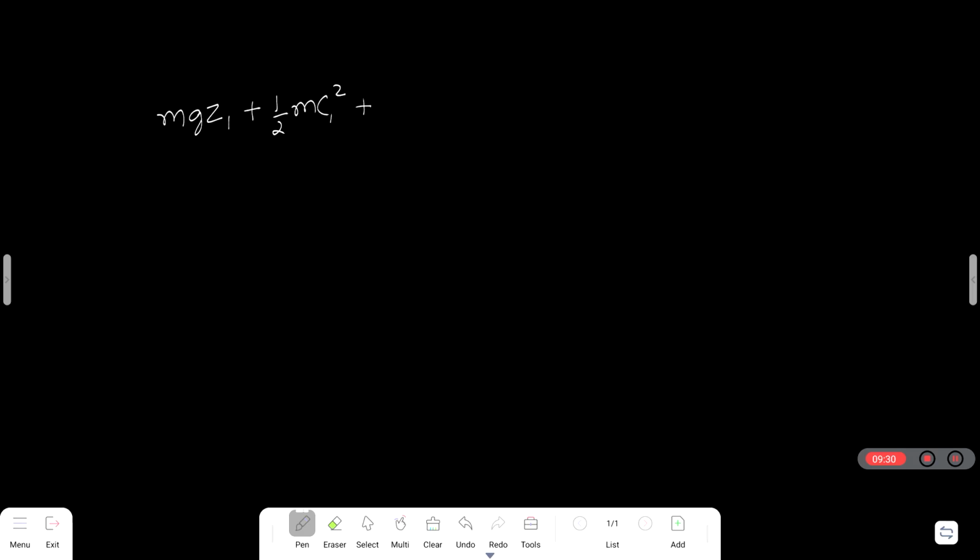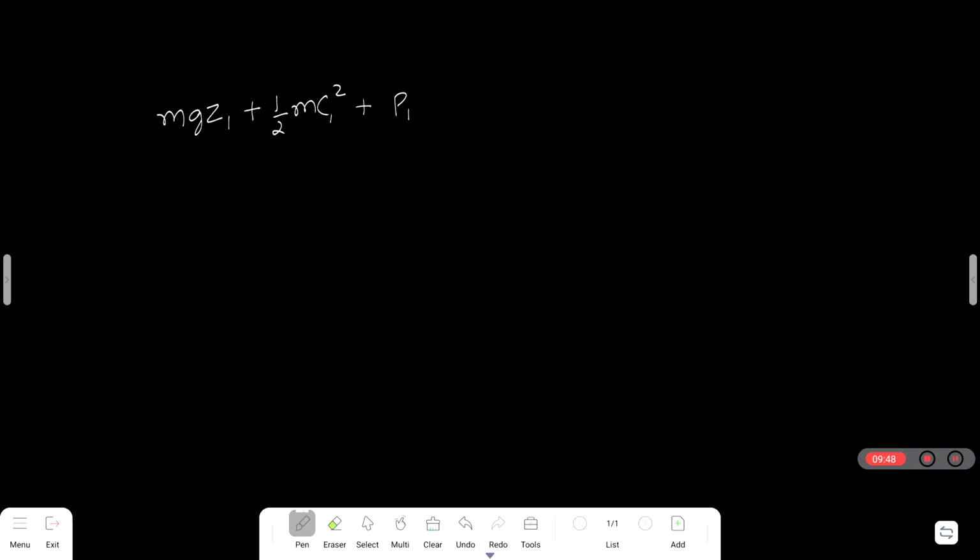Potential energy, kinetic energy, plus flow energy. How do we represent that? Flow energy is nothing but pressure with volume. Volume here is the cross-sectional area into the length it has traveled.